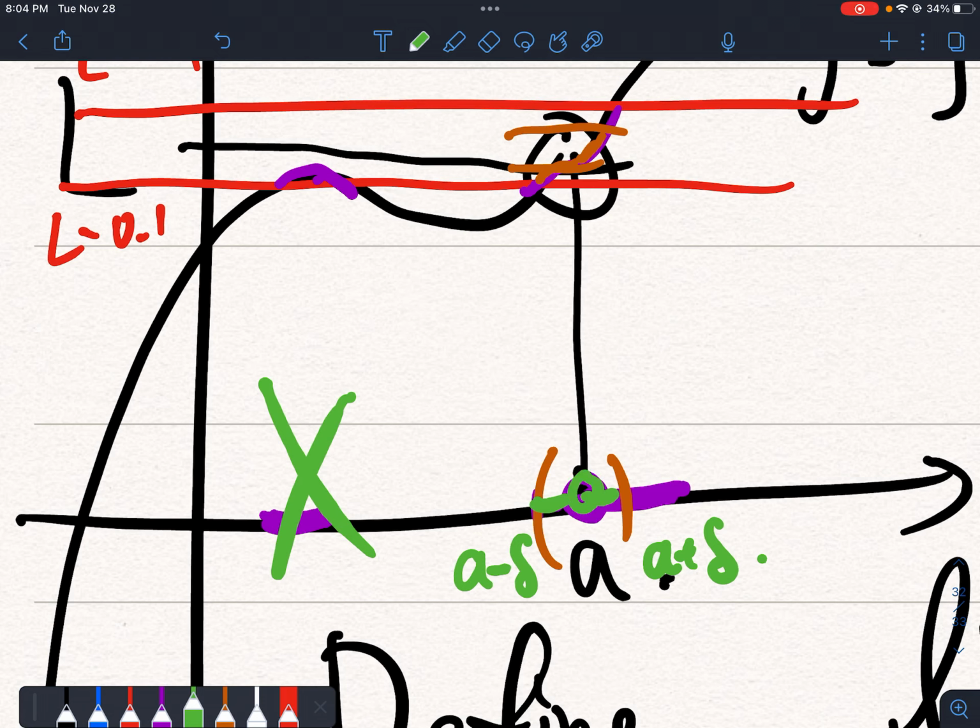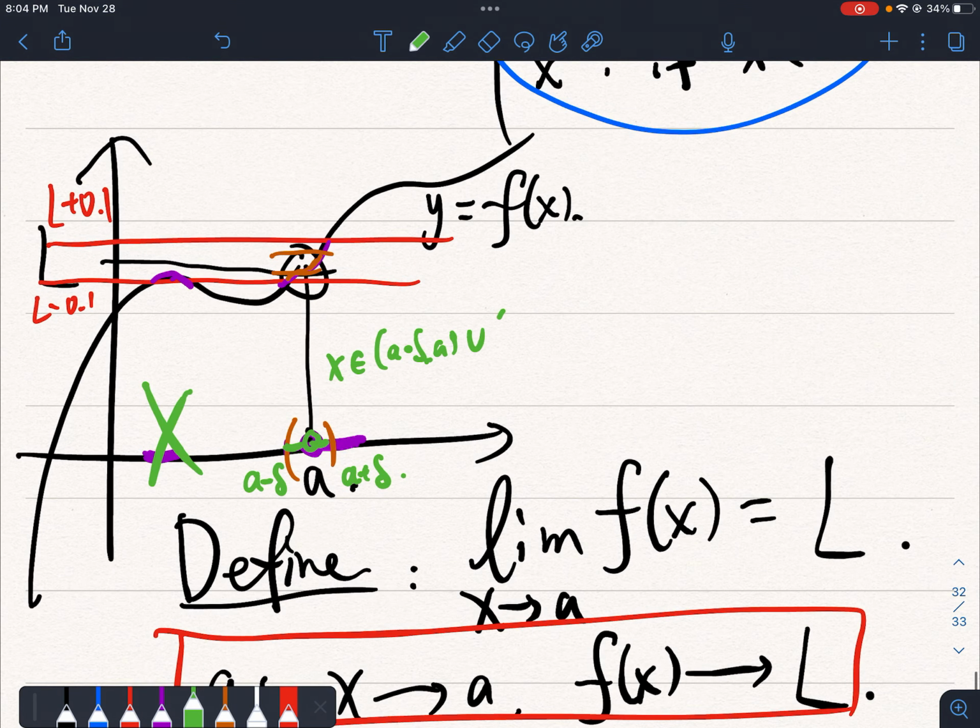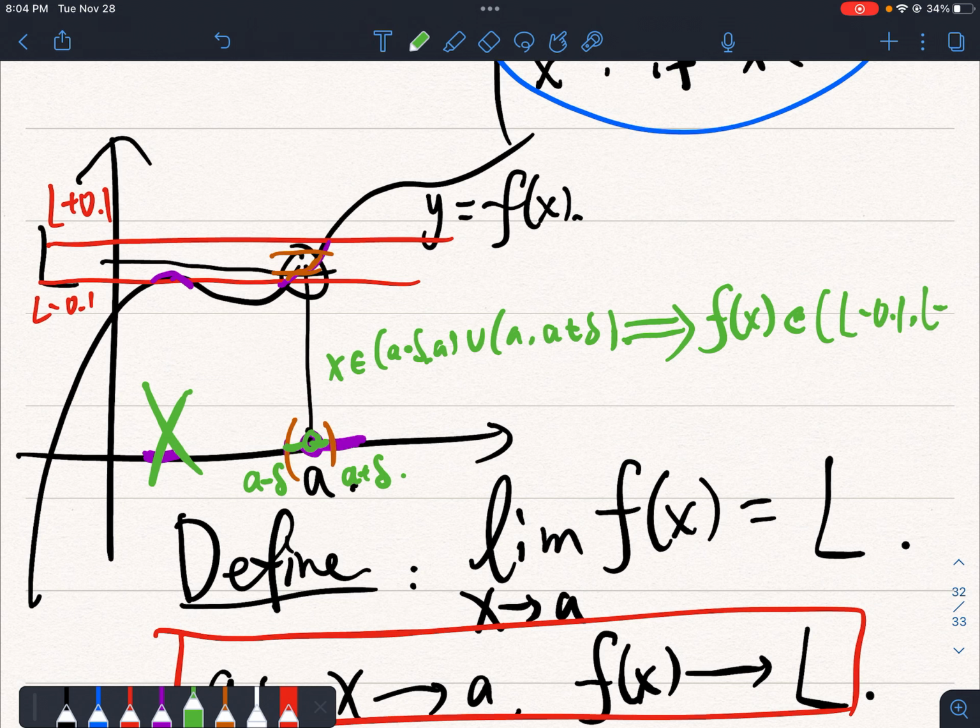We want the distance to be less than delta, okay, and bigger than 0, because we don't have this point. So for all the points x within this A minus delta to A union A to A plus delta, we want to imply that f of x must be within the interval of L minus 0.1 and L plus 0.1. Does that make sense? So this is a necessary condition, but it's not sufficient, because this is only for 0.1.